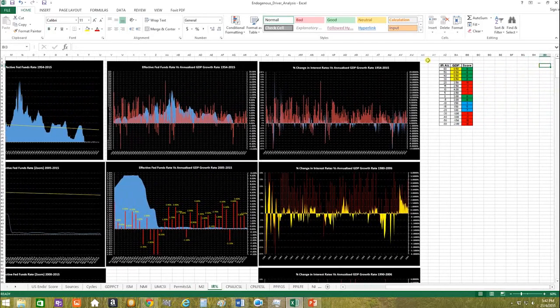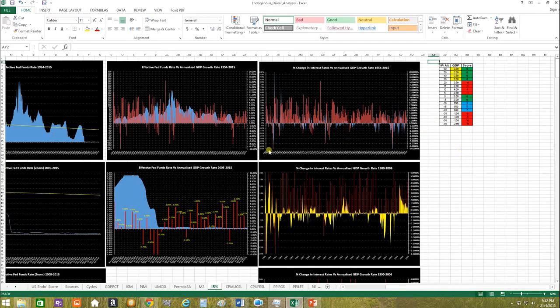And we can see that when we zoom in from 2005 and get an appreciation of interest rates relative to growth. Now, our key metric is our percentage change in interest rates month on month, and we compare this to annualized GDP as well. So comparing the percentage monthly change in interest rates, so we have that base metric that we compare all percentage changes in interest rates to each other in history relative to the annualized GDP growth rate. We have that going back all the way to 1954.